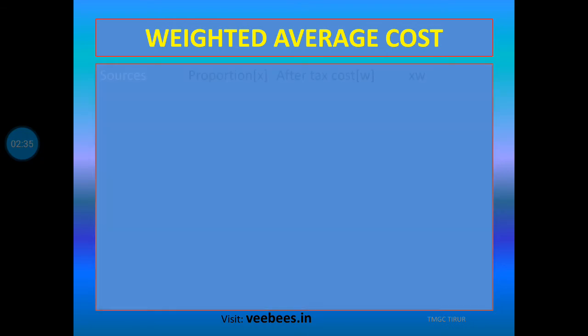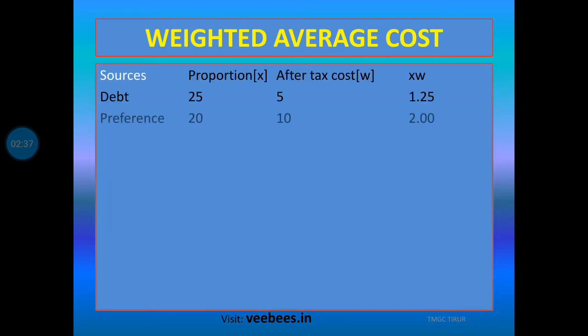How to calculate? We have to provide these columns: sources of capital, then proportions. Proportion is the weight, W. Here it is wrongly given as X, and after tax cost is given as W; it is just the opposite.